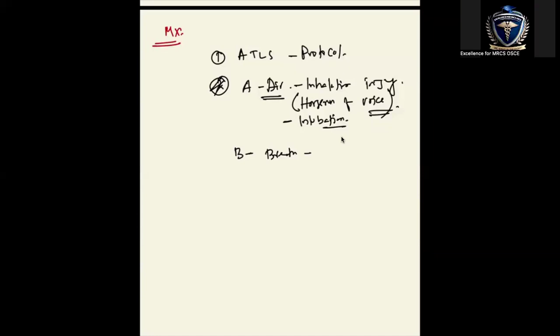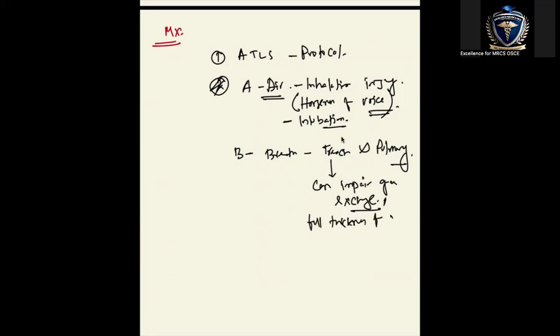So the second thing is breathing. There might be some burn of the trachea and pulmonary burn. This burn can impair gas exchange. There might be a full thickness burn of the chest.